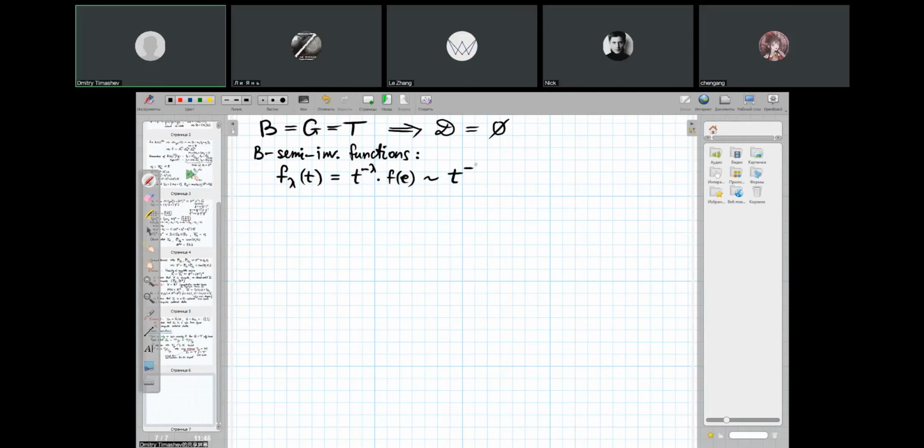It is proportional to a character of our torus. And what are the characters of tori? The characters are just Laurent monomials.